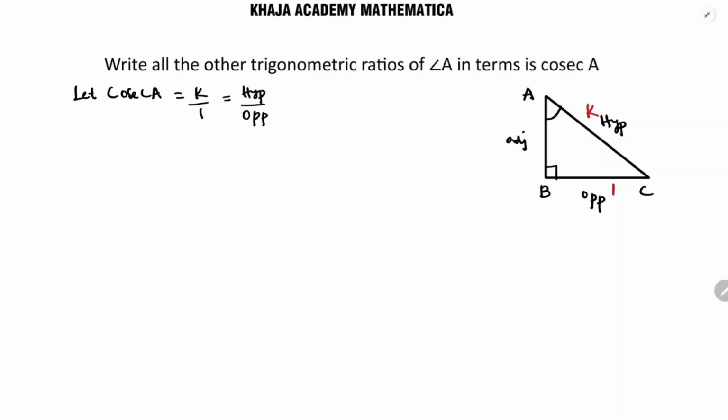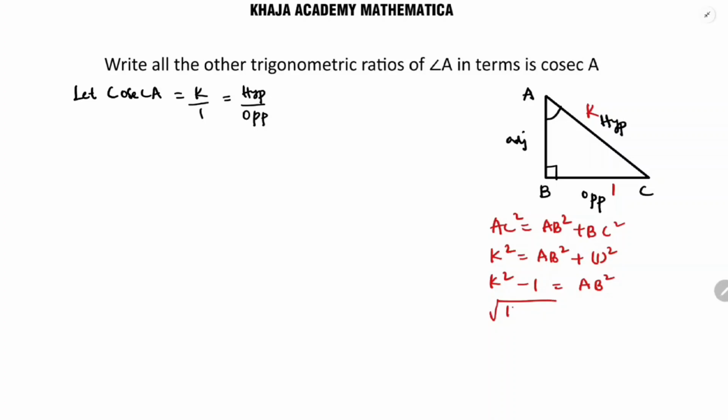So I need to find AB. So I'll apply the Pythagoras theorem. Hypotenuse square equals the sum of the squares of the other two sides. So k square equals AB square plus BC square. BC is 1. k square minus 1 is AB square. Under root k square minus 1 is AB, which is adjacent here.